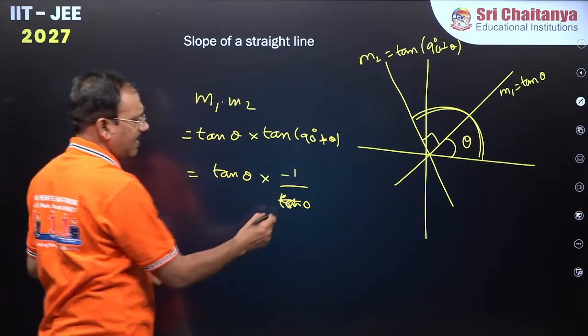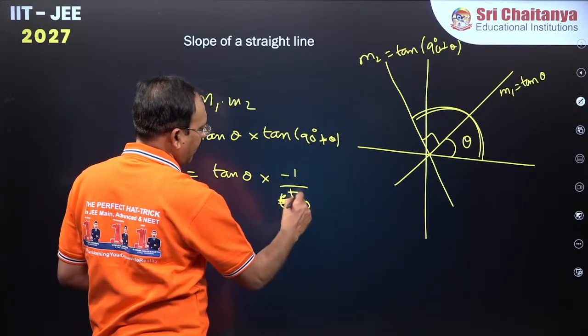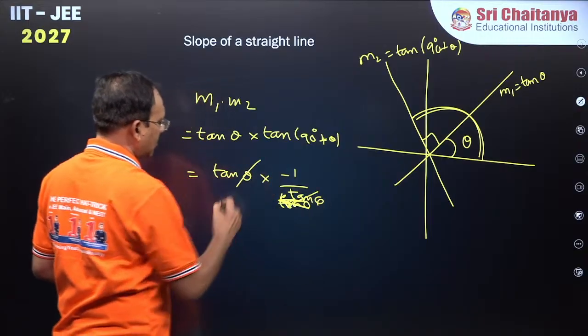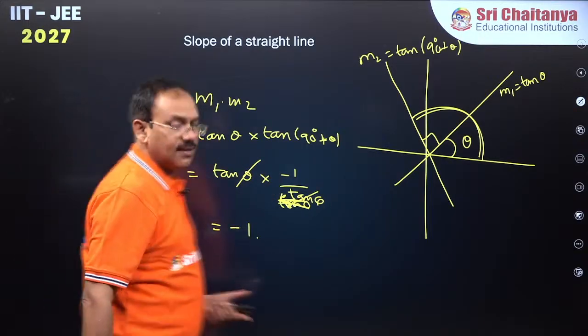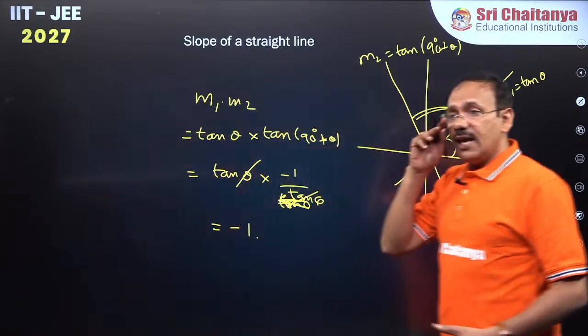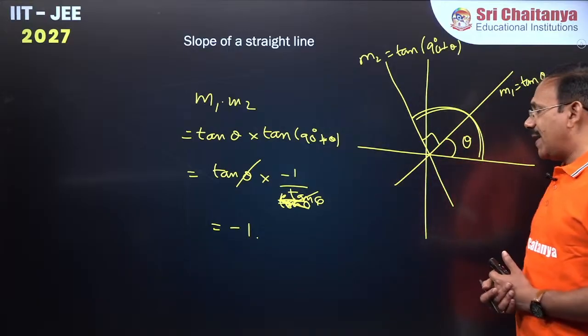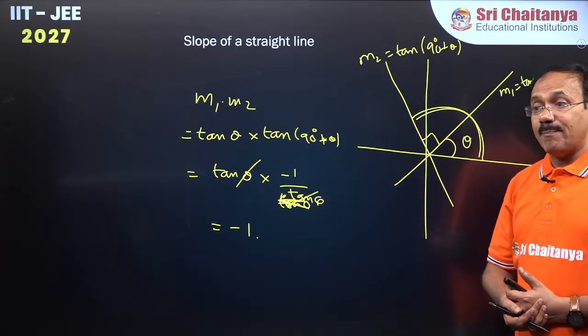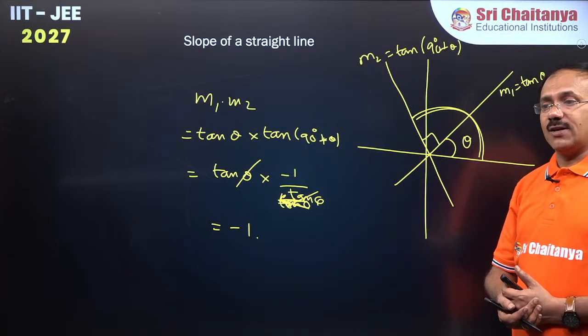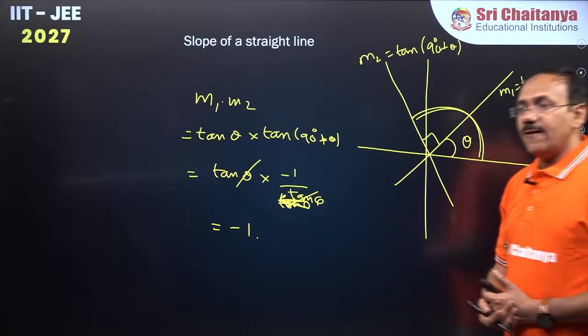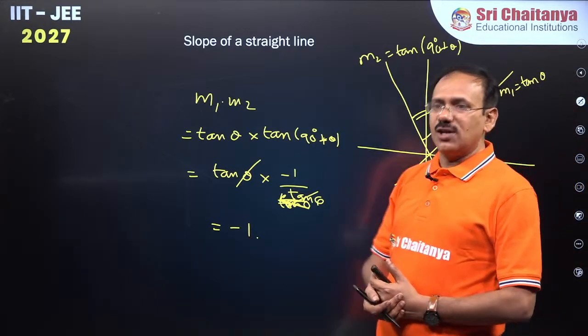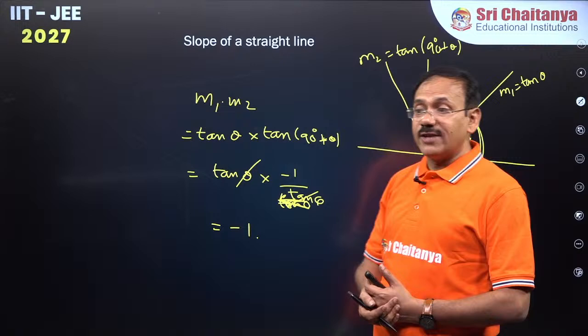This is actually minus cot theta. Let me write minus 1 by tan theta. Tan cancelled, you got minus 1. So dear students, if the two lines are perpendicular, we can say product of their slopes is minus 1. Guys, correct? If two lines are perpendicular, the product of their slopes is minus 1.